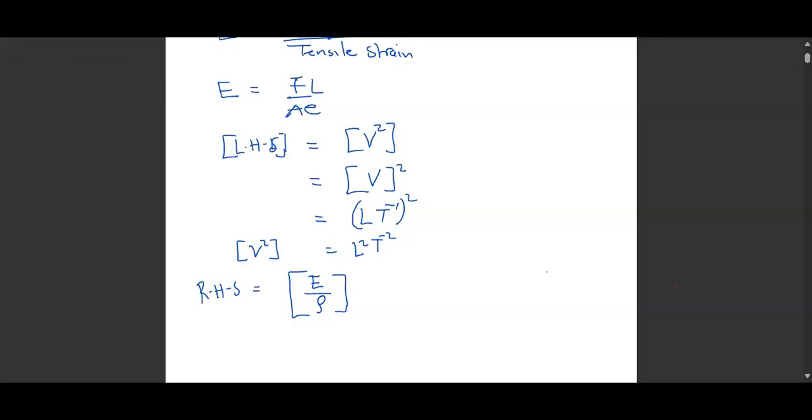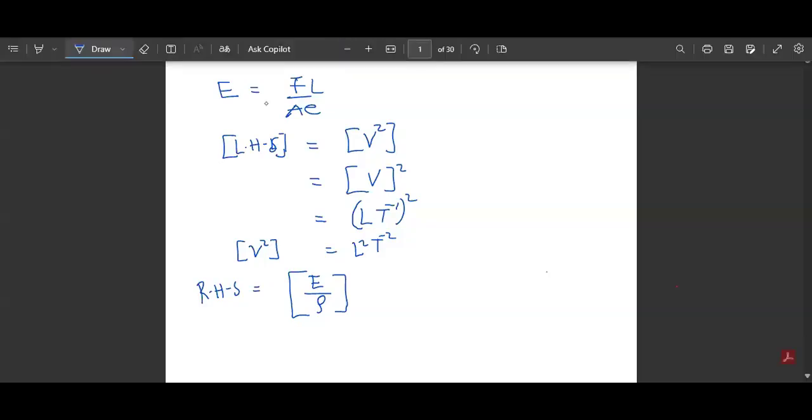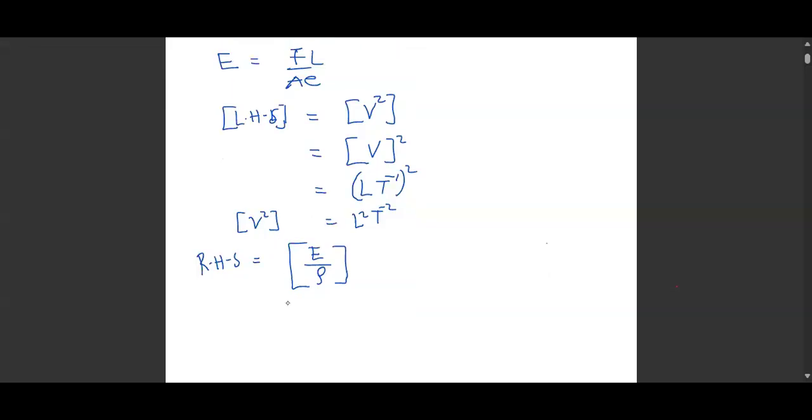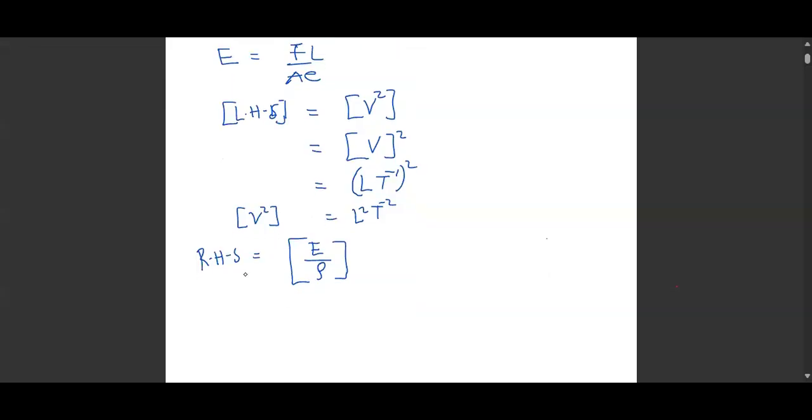So we can begin by splitting it here. We look at one by one. Let us begin by looking at E only, whereby the dimensions of E are going to equal the dimensions of F L divided by A e, because that is our Young's modulus.